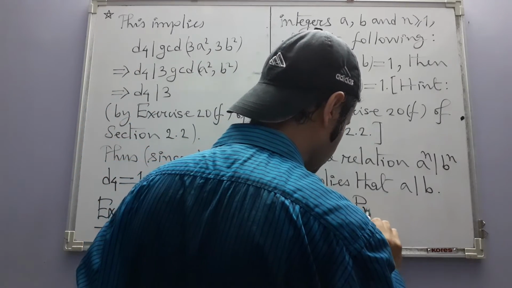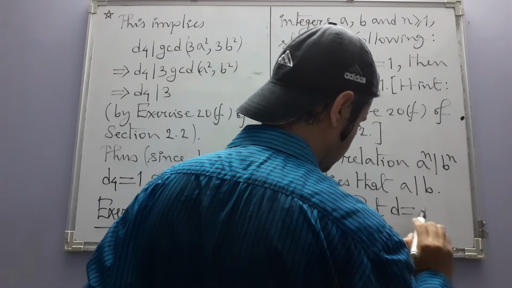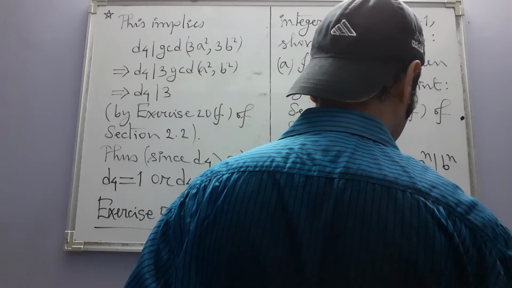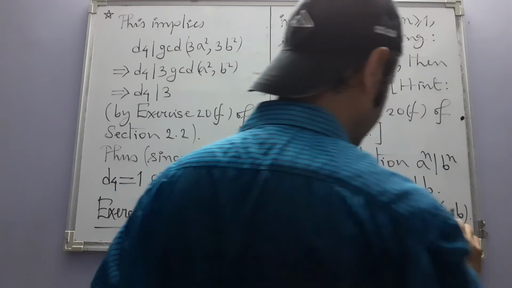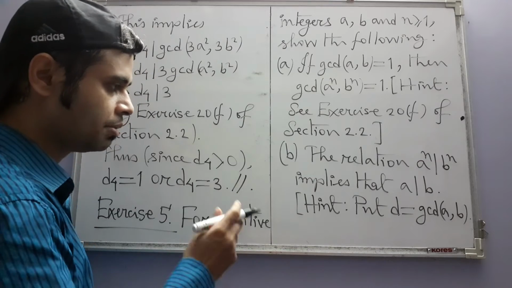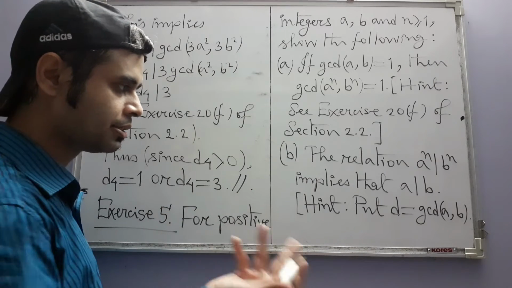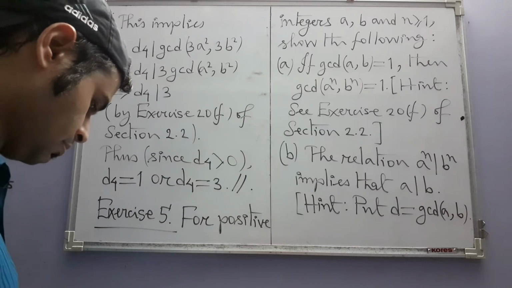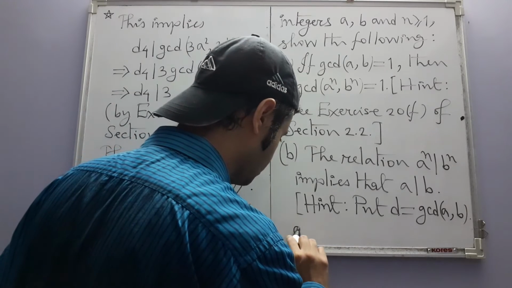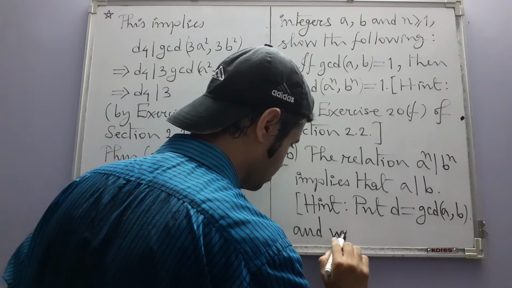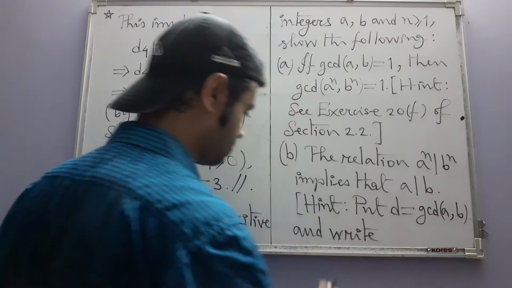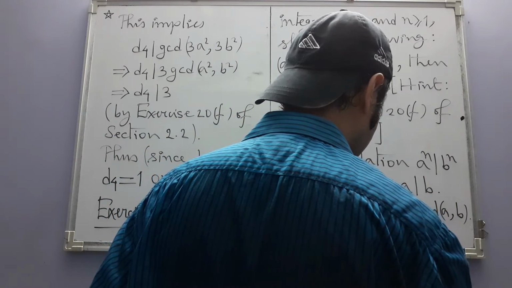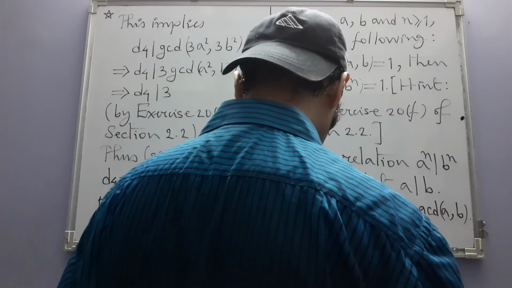Put D equal to the GCD of A and B. So we may forget that now it is not equal to 1. So we may have a tendency to just simply assume that D is equal to 1, but that is not the case here. And write, because D divides both A and B, so A and B are multiples of D, integer multiples.